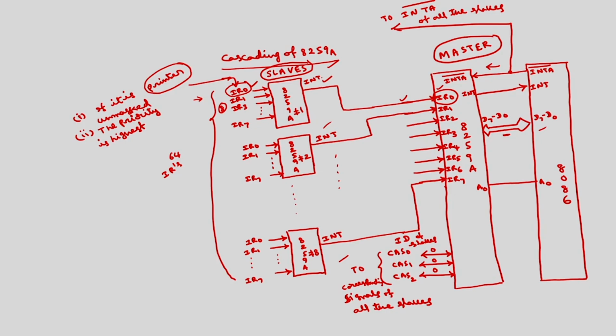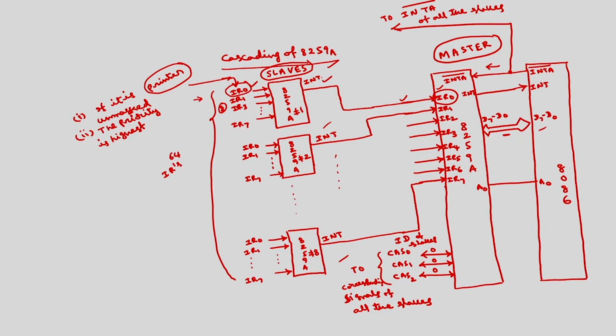Corresponding to each type, we have 4 locations: the location of CS, the code segment, and the location of the instruction pointer. Those values will be stored in the interrupt pointer table. Corresponding to that address, the microprocessor will switch over to that location. So, that is the procedure of cascading of 8259.